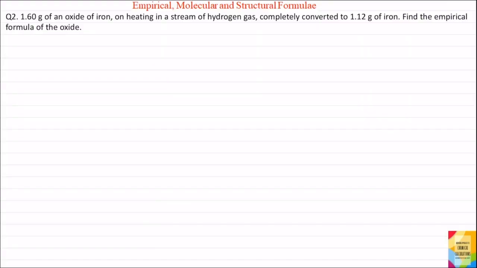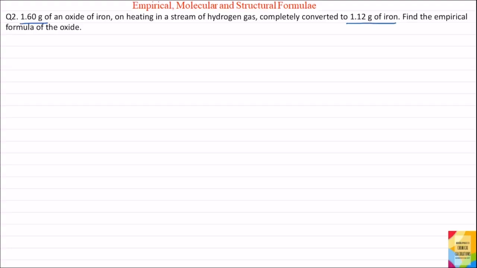Question 2. 1.60 gram of an oxide of iron on heating in a stream of hydrogen gas completely converted to 1.12 gram of iron. Find the empirical formula of the oxide. Weight of oxide of iron is 1.60 gram. Weight of iron is 1.12 gram.